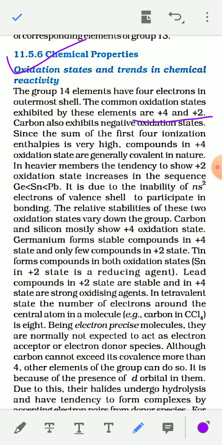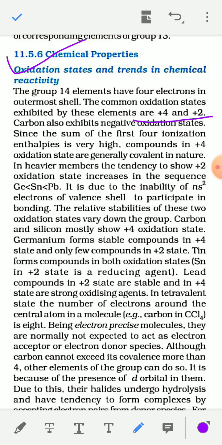For carbon and silicon, the +4 oxidation state is more stable, and for tin and lead, especially for lead, the +2 oxidation state is more stable, and this is also due to the inert pair effect. Okay, I have already discussed what the inert pair effect is in the previous video.